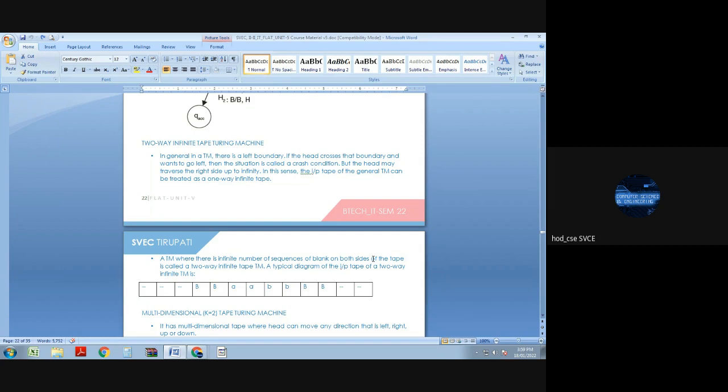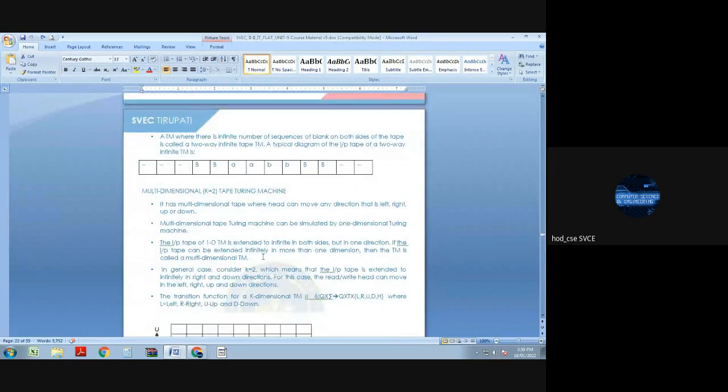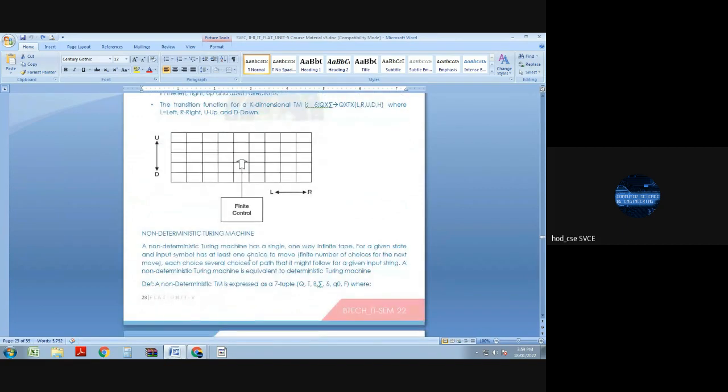So we can extend infinitely on both sides. Then the multi-dimensional tape Turing machine, which is two-dimensional, with width and length.